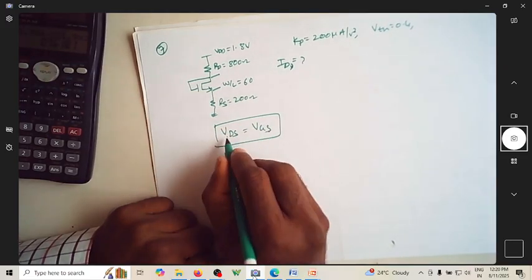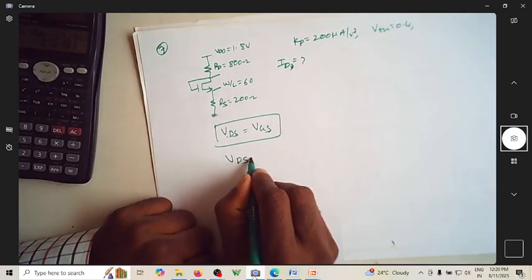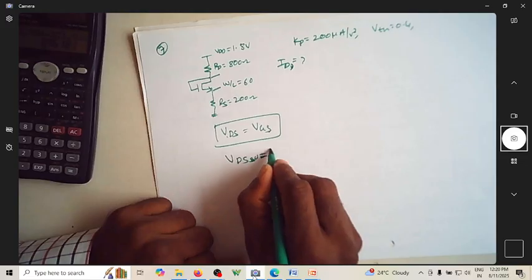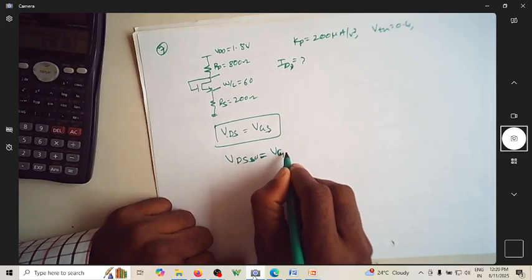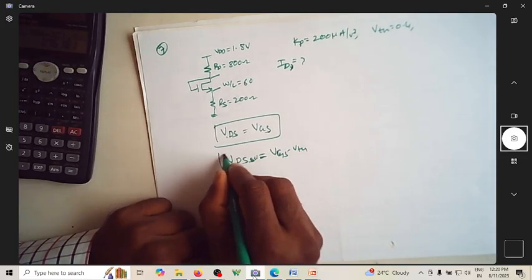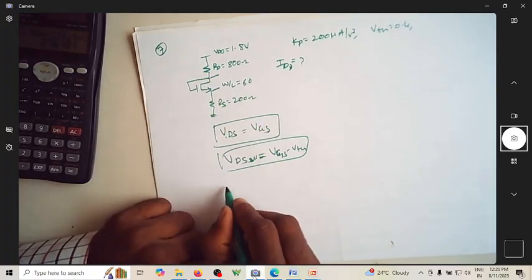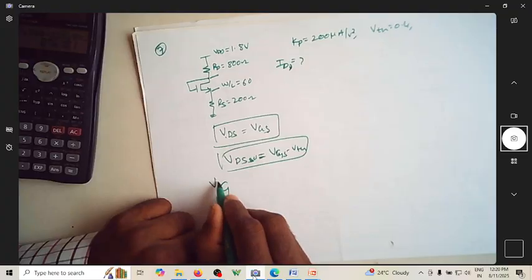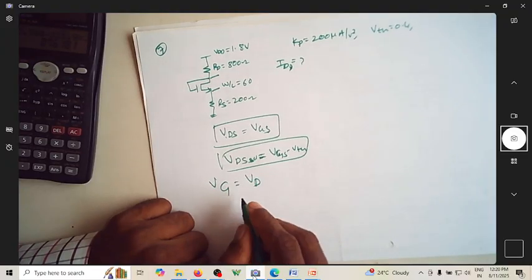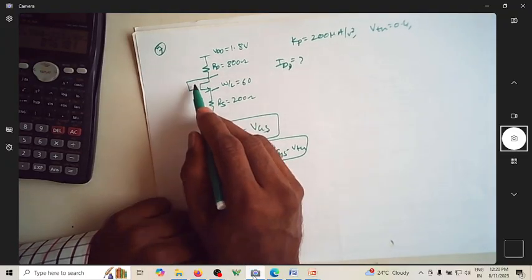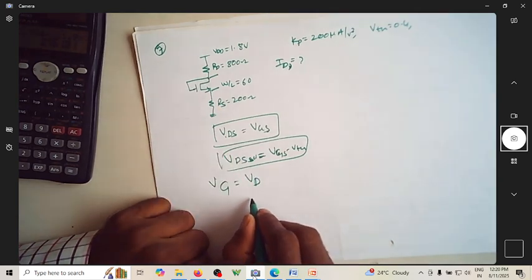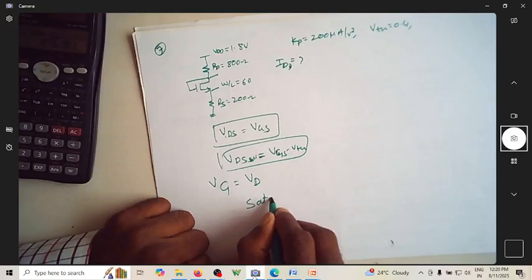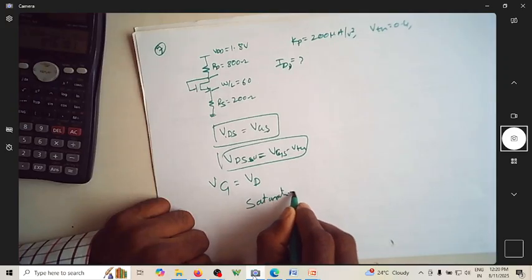When VGS is equal to VDS, then what is VDS sat? It is VGS minus VTH. So when gate voltage is equal to drain voltage, that is when gate and drain are shorted, the MOSFET is always in saturation region.